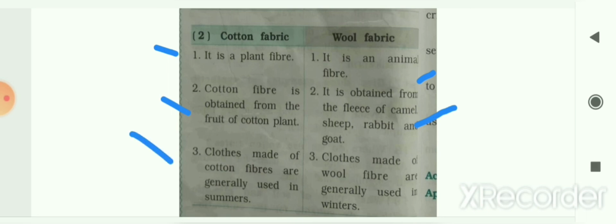Clothes made of cotton fibers are generally used in summer, and clothes made of wool fibers are generally used in winters. So this is the difference between cotton fabric and wool fabric.